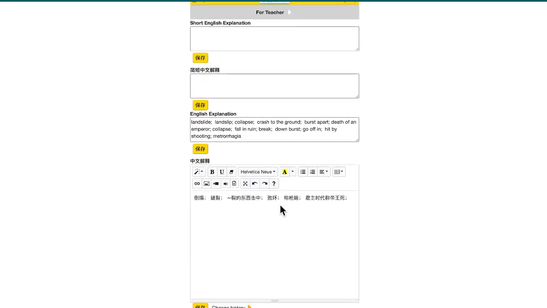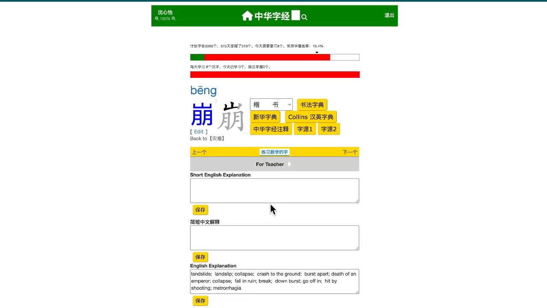Now, an interesting one is that this character is used to refer to an emperor's death. Why use that for the emperor's death? This is out of respect: people are not allowed to say the emperor is dead. So you cannot say 皇帝死了. They say 驾崩 to mean 皇帝死了. Now 为什么呢?